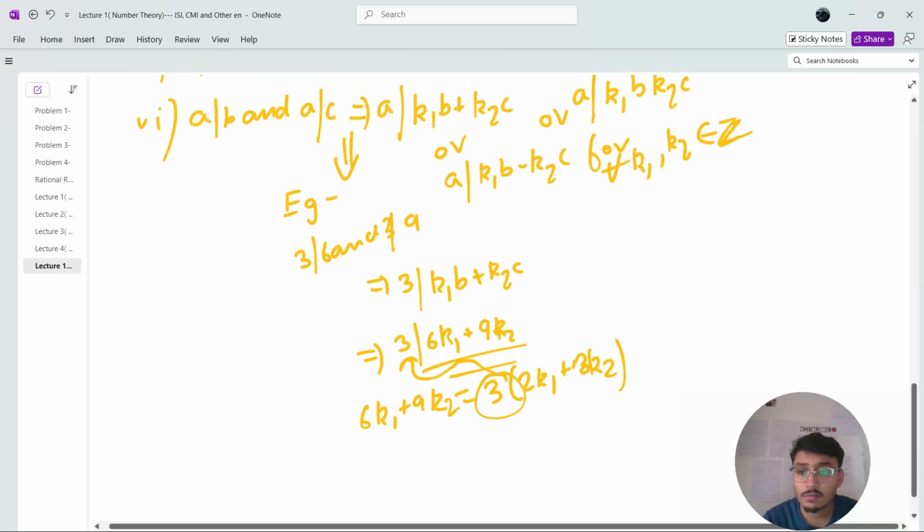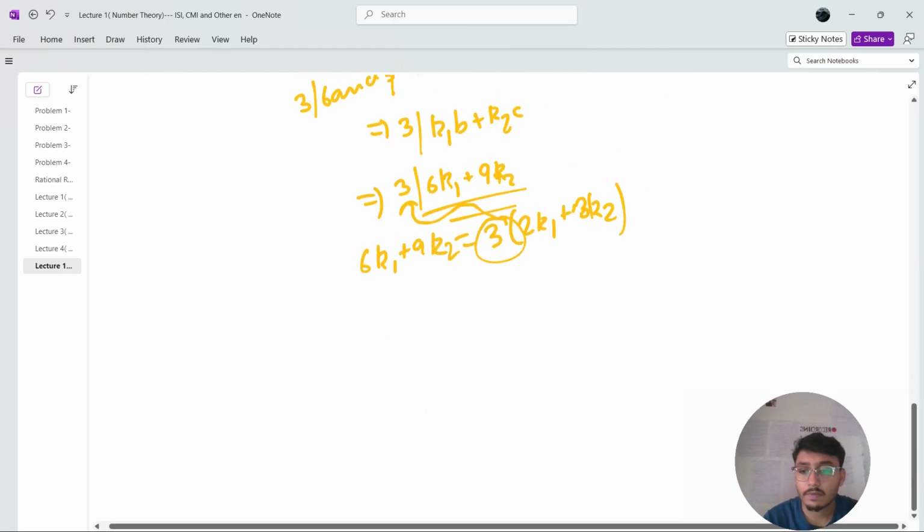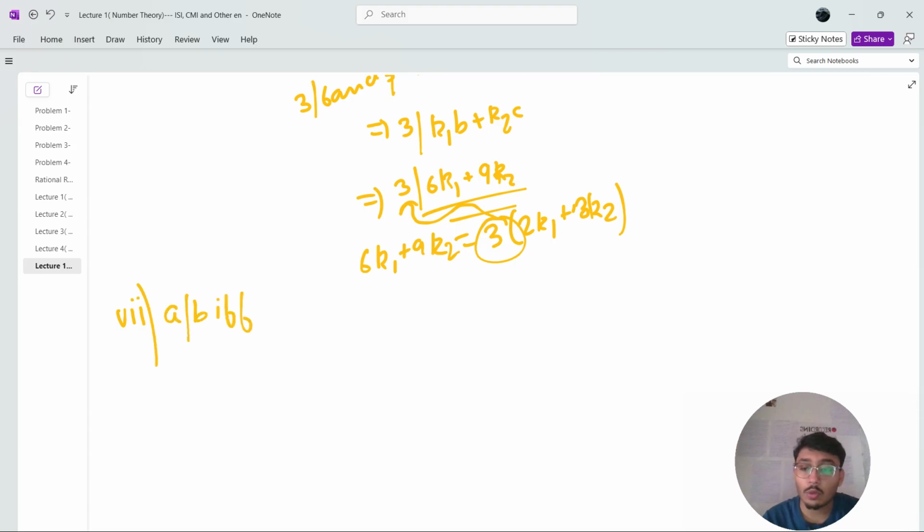One more condition, my number 7. A divides B if and only if, like if only my second condition is satisfied, then only A will be dividing B. That is, if my second condition is satisfied, only then my first condition is going to be true.